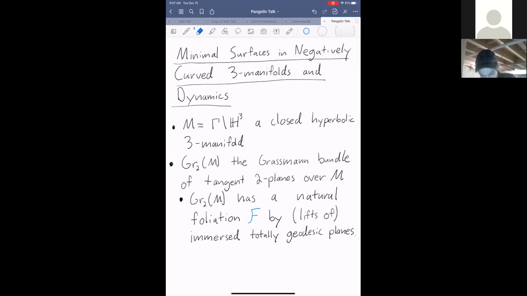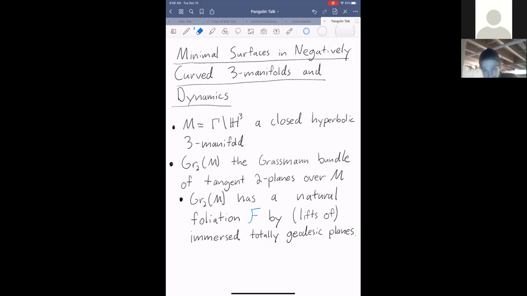One of the main objects for this talk is the Grassmann bundle of tangent two planes over M. What this bundle is, for each point you have the tangent space to M at that point, and you can look at all the tangent planes in the tangent space that pass through the origin.